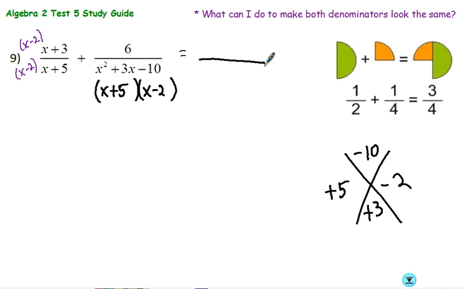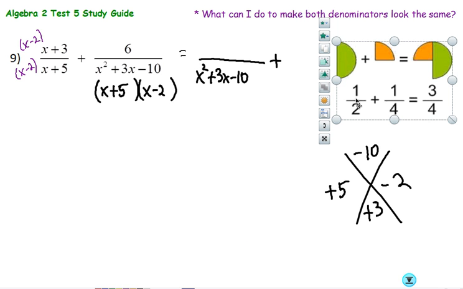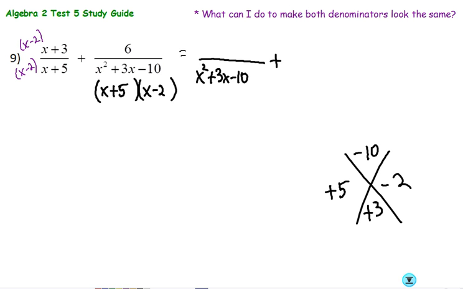So on the bottom there, I've got x squared plus 3x minus 10, plus, get rid of this thing. Now the second fraction stayed the same, so I've got 6 over x squared plus 3x minus 10. I didn't do anything to that one. Now the only thing we need to figure out is what's x minus 2 times x plus 3. So that's where we have to multiply those two things together.